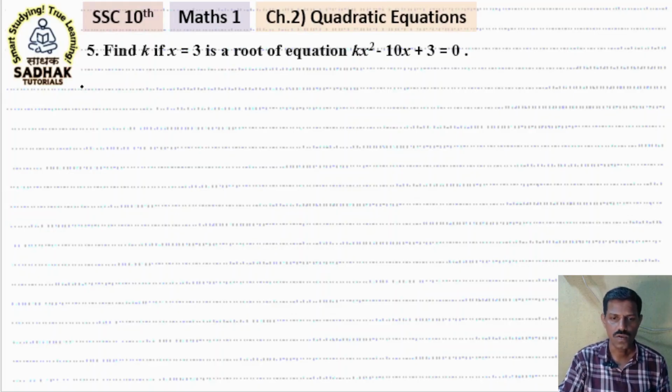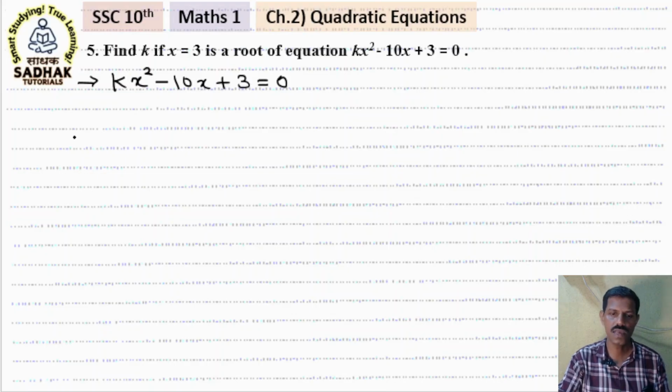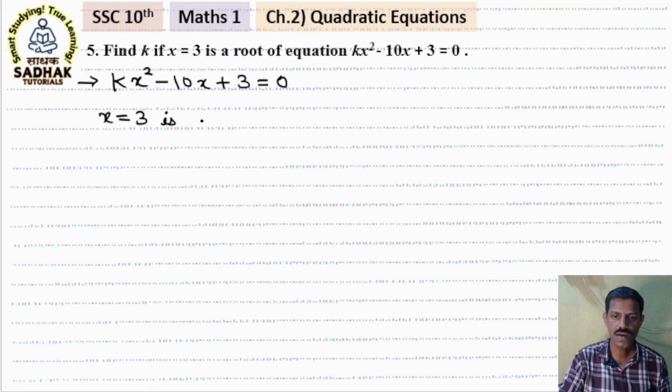So the given equation is kx square minus 10x plus 3 is equal to 0. This is the equation, and they are saying that x is equal to 3 is a root of the above equation.